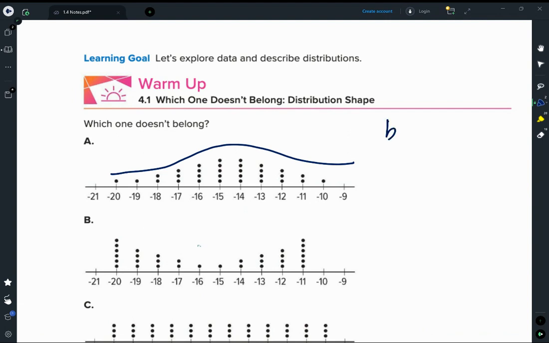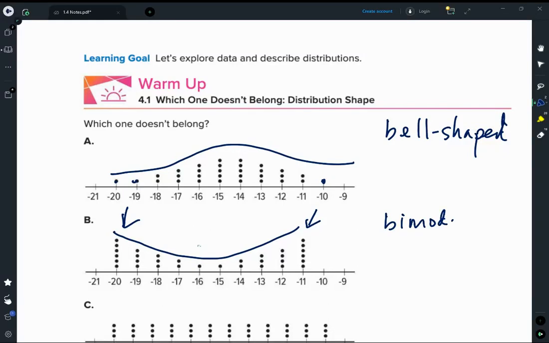So let's say it's bell-shaped, which we know is not symmetrical though, right? Because we've got just one over here, two over here, so it's not quite symmetrical, but it peaks in the middle. We've got the data following that curve. That second one, we've got a lot of data right here, lots of data right here in two places. So we're going to call that one bimodal.